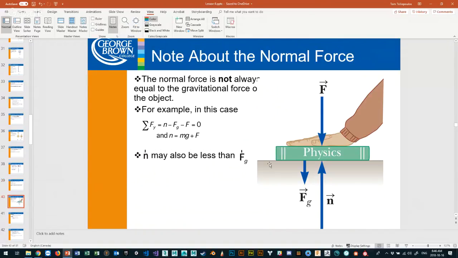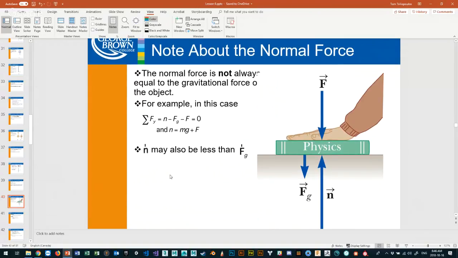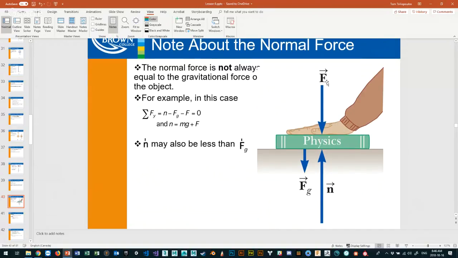Here's another one. I'm pushing down on my physics book as an example, and if I were to draw the free body diagram, I would have the physics book, the force coming down from my push, plus the force of gravity pulling the book down too.